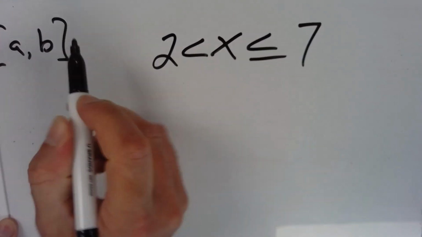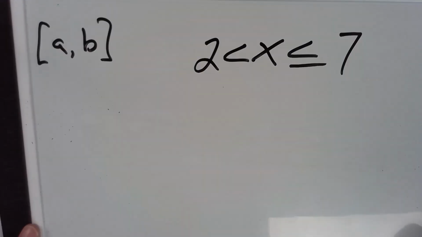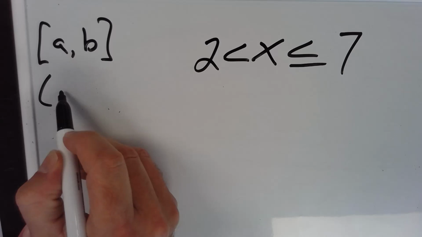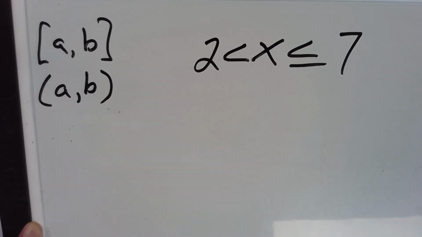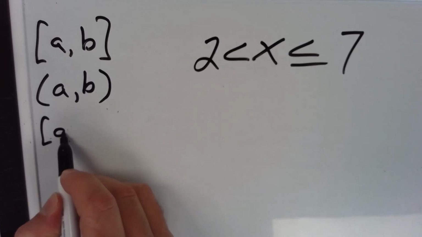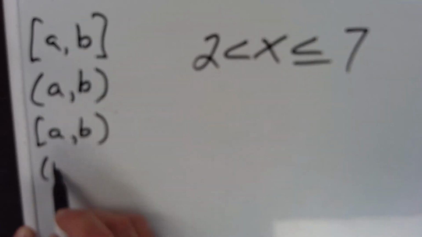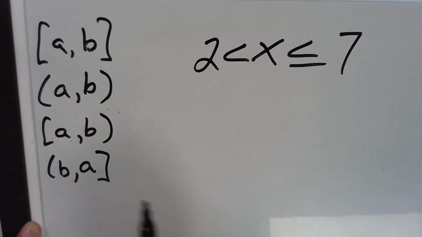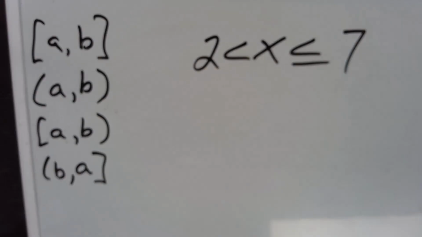Square brackets or closed brackets. These are open brackets. And then you could, of course, have combinations of the two. So, who would like to try to translate this using these symbols? Who wants to chat?